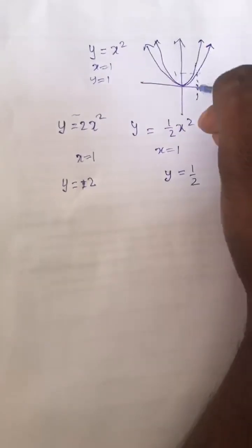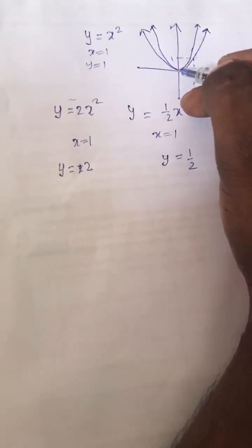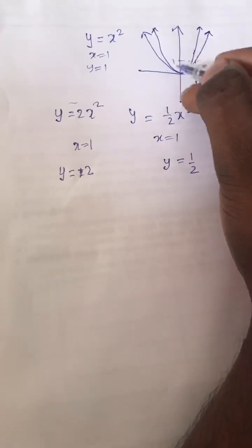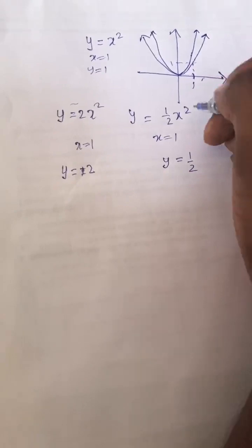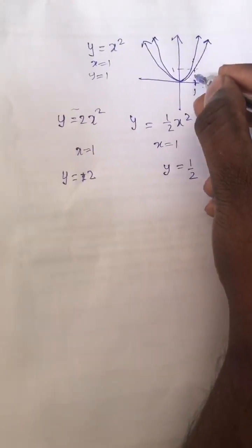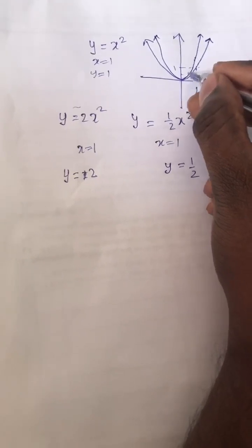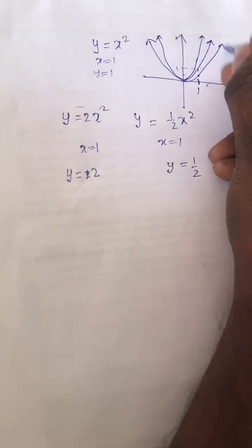Alright, you see that there is a shrink than the y equals x squared. So when we use y equals half x squared, the value of y is half. This means it is like this, right? Expanding like this.